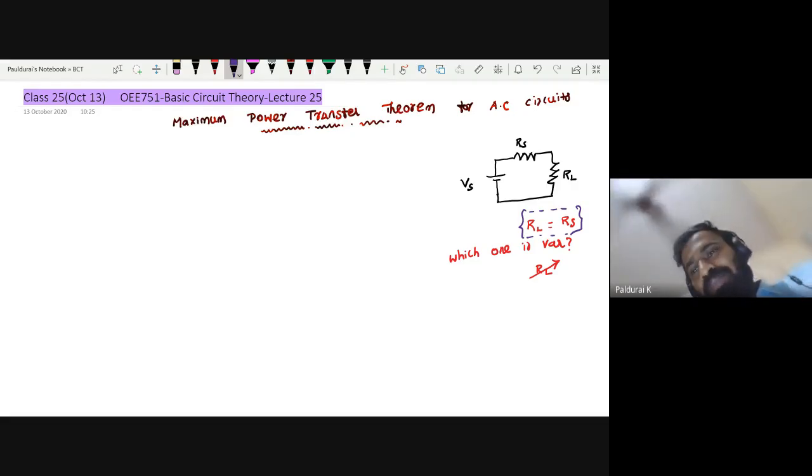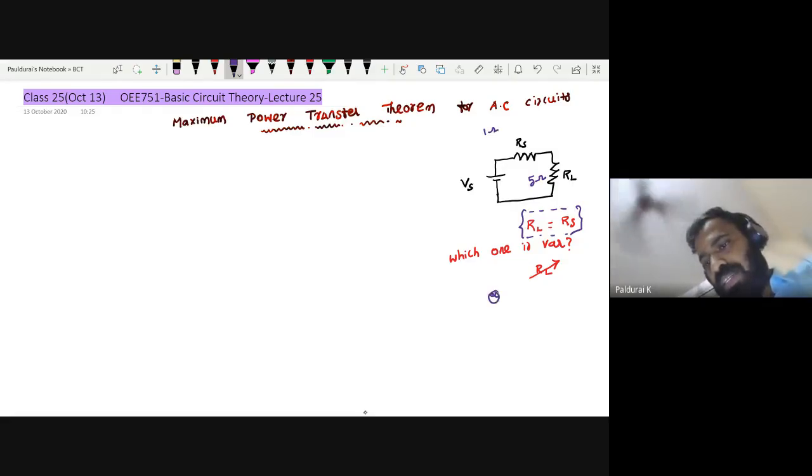But one time a GATE question was given. Suppose this is 5 ohm. Please take this question just for your knowledge: for which value of RS will you get maximum power across RL? The options are A, 1 ohm; B, 2 ohm; C, 3 ohm; D, 4 ohm.